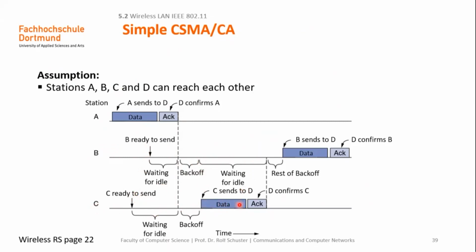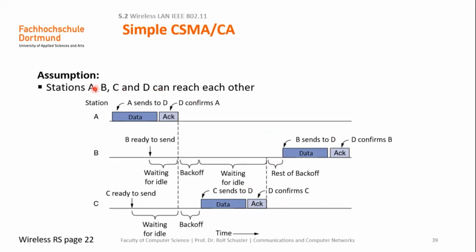Once station C finishes transmitting and station D confirms the correct reception of the frame, then B can wait the rest of its backoff time and transmit its data frame to station D.